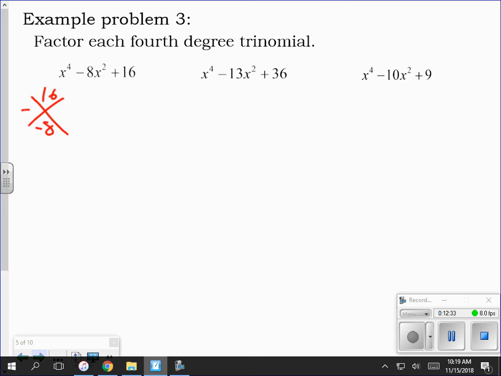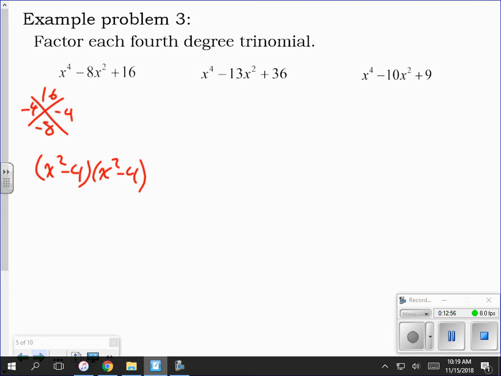I get -4 and -4, right? So that means this factors into x squared minus 4 times x squared minus 4, which I know is x squared minus 4 squared, but we don't want to do that here because we need to look, can these be factored more?